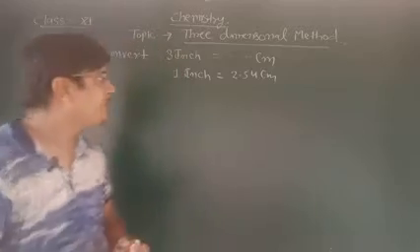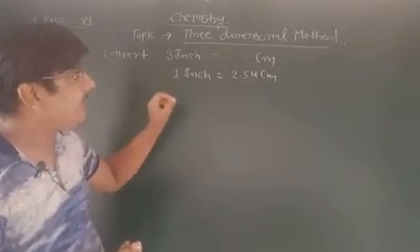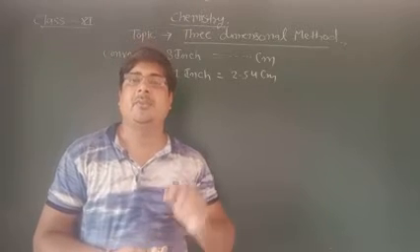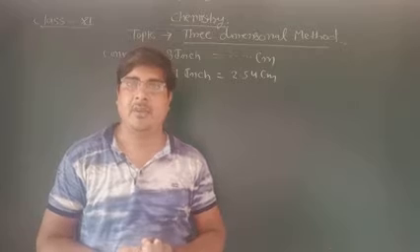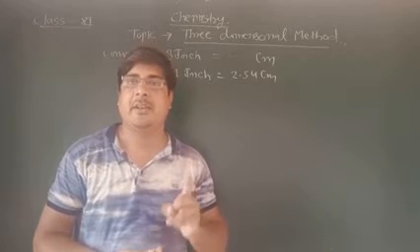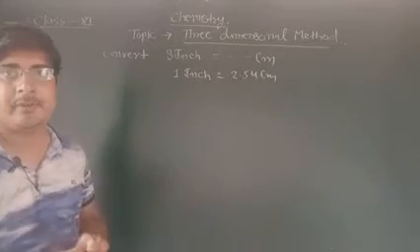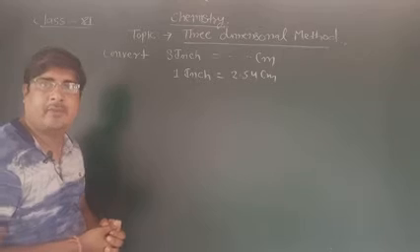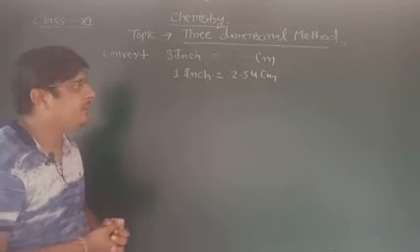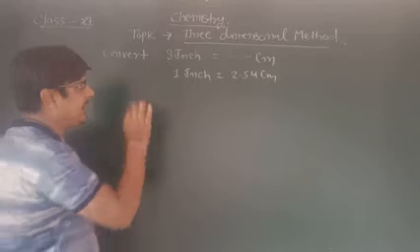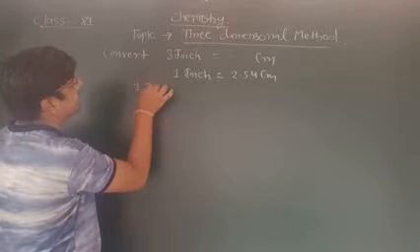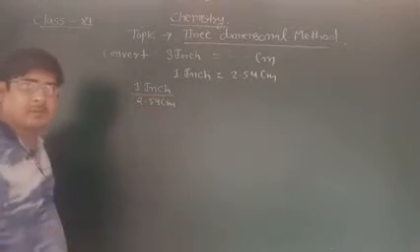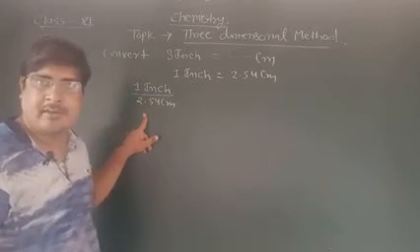So listen carefully. In the three-dimensional method, first of all, we will convert it into a unit. How do we convert it into the unit? We know 1 inch is equal to 2.54 centimeter. We can write it as 1 inch upon 2.54 centimeter, which is equal to 1, the unit.